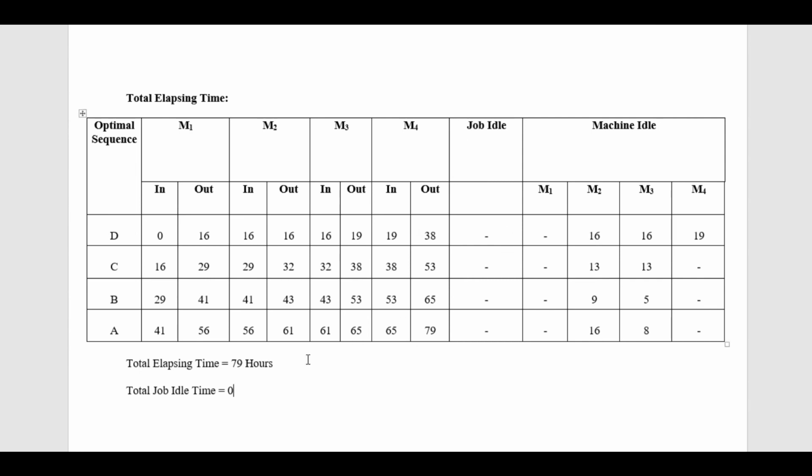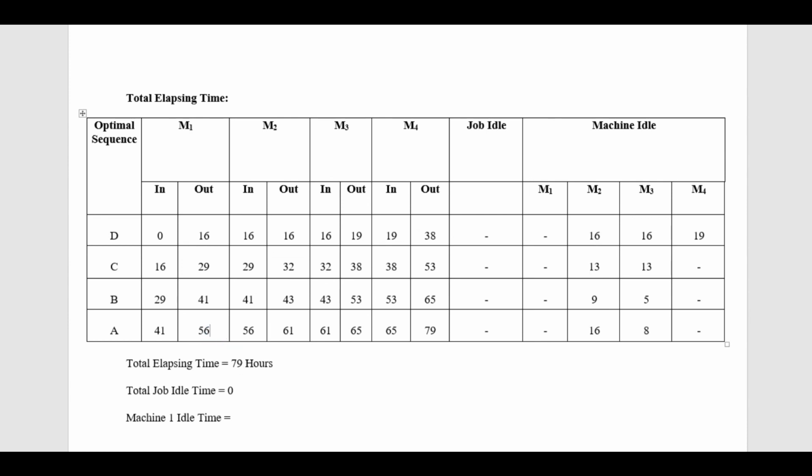Okay, then the machine idle time will be, so look at this here. The cycle takes 79 hours to complete the entire process. To complete all the processes on all the 4 machines for all the 4 jobs, it takes 79 hours. Okay, so this is the one cycle time. But machine 1 completed its last job at the 56th hour.